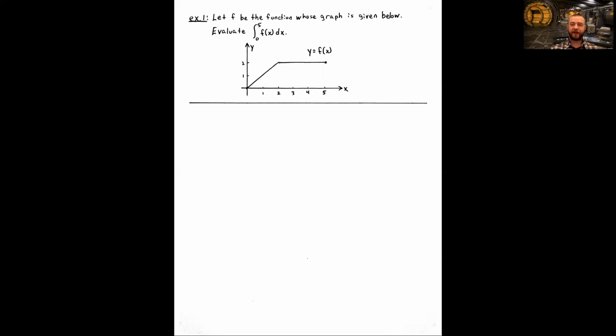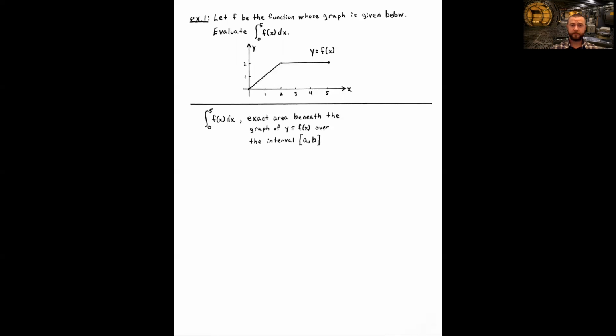We'll be able to get the exact area really quickly, since this function has a really simple structure. It's a straight line segment and then a diagonal line. We can think of this region beneath that graph as being the triangular area plus a rectangular area.